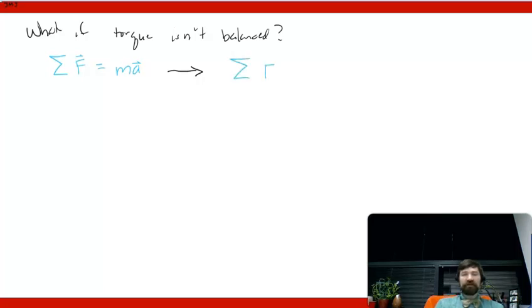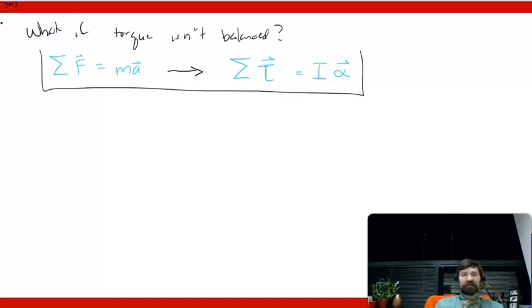It says that the sum of torques on an object is equal to a moment of inertia times the angular acceleration. So this is basically Newton's second law as applied to rotations, or to rotational dynamics.